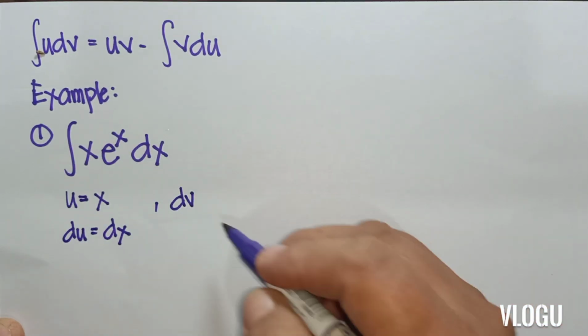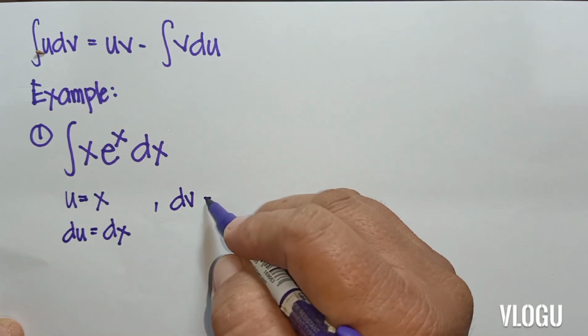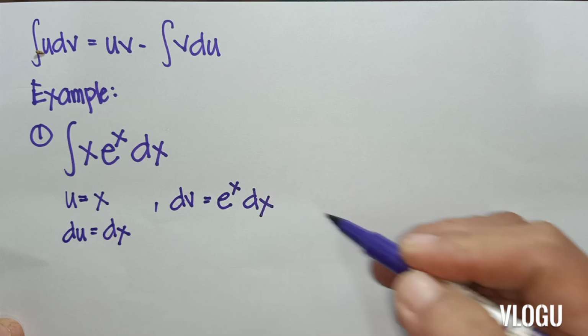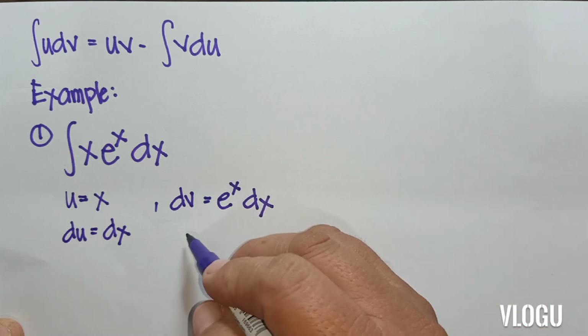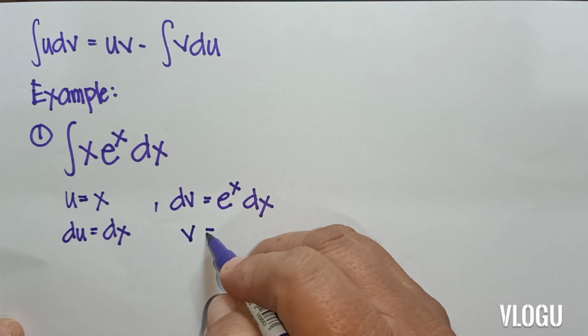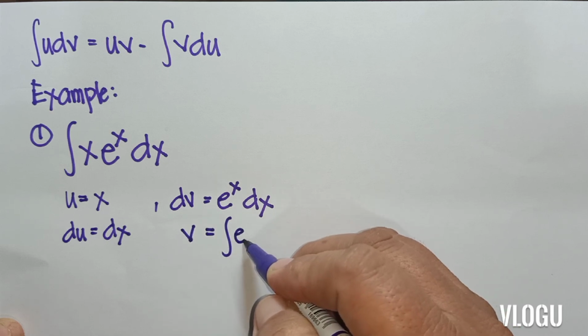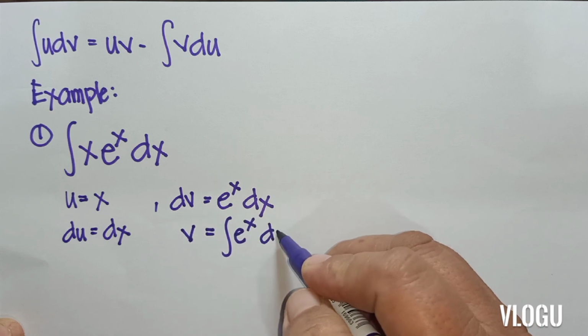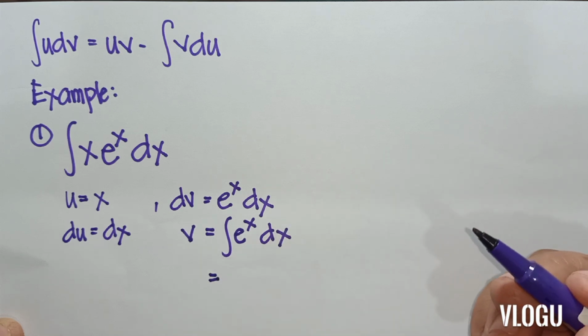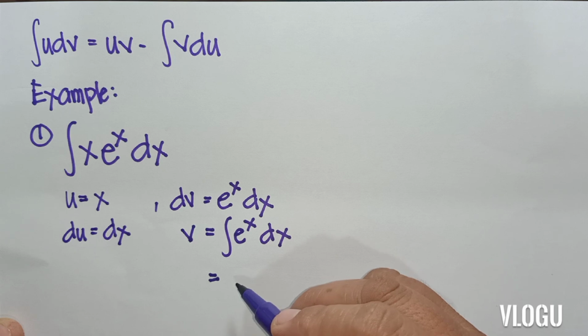Our dv is equal to e to the x dx. If we integrate dv, that is v, the integral of e to the x dx, that is equivalent to e to the x.